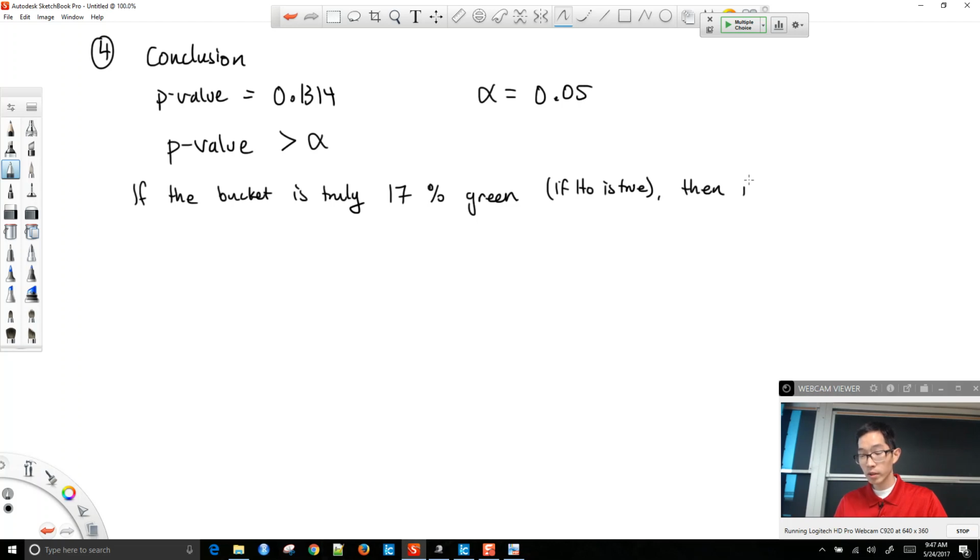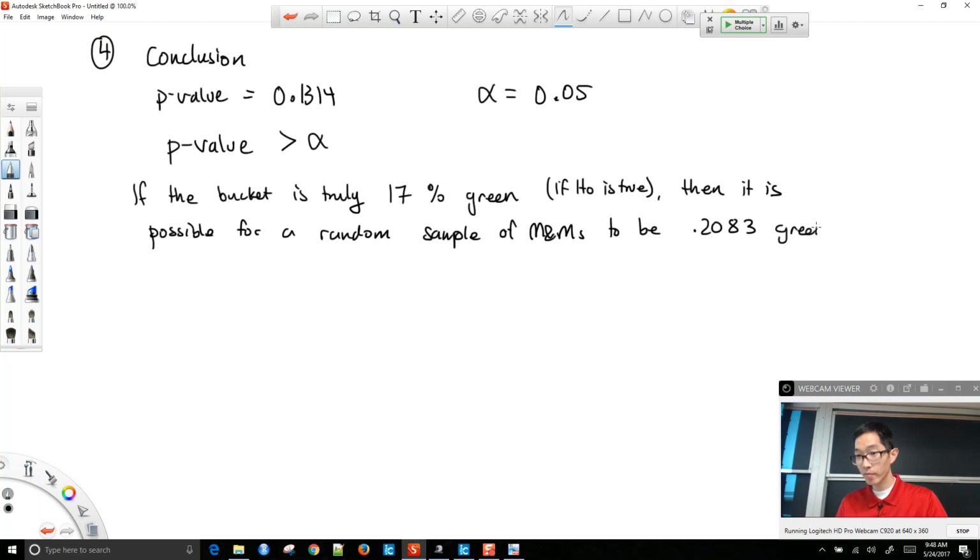then it is possible for a random sample of M&Ms to be 0.2083 green. This kind of random sample happens with a probability of around 13%.